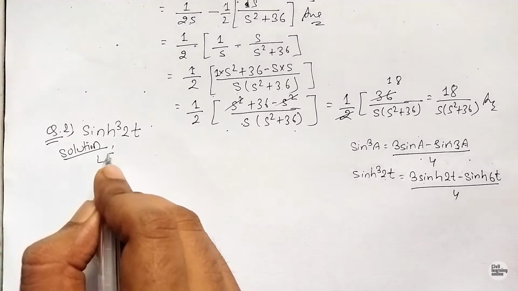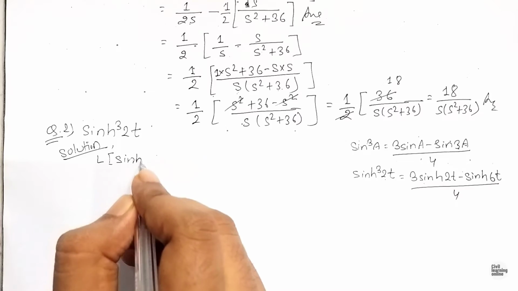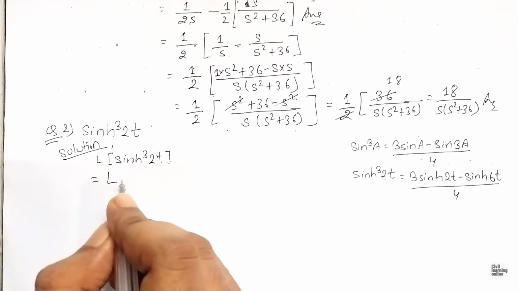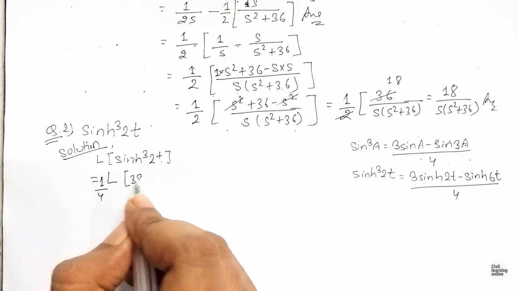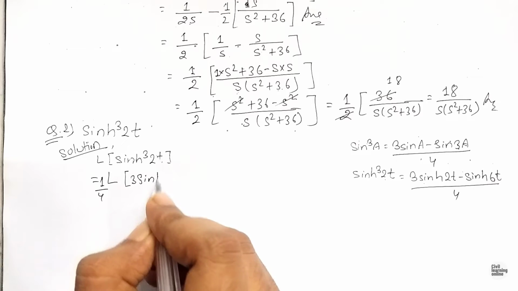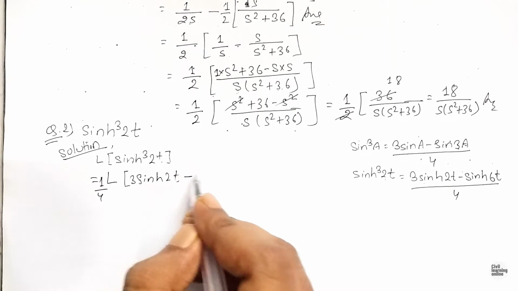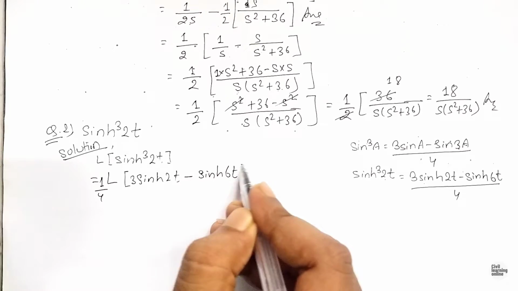So Laplace transformation of sine hyperbolic cube 2t is equal to 1 by 4 Laplace transformation of 3 sine hyperbolic 2t minus sine hyperbolic 6t.